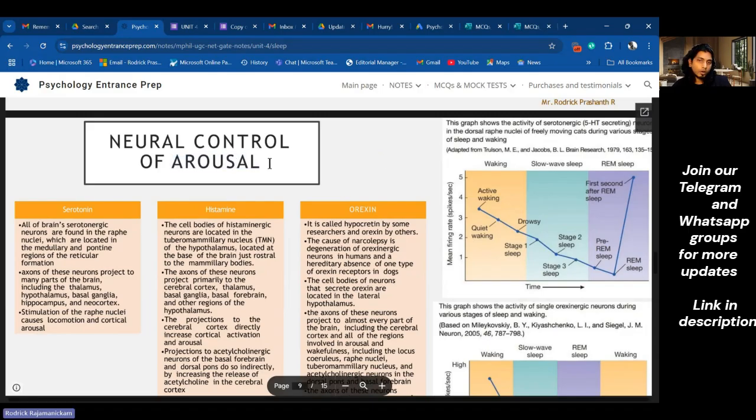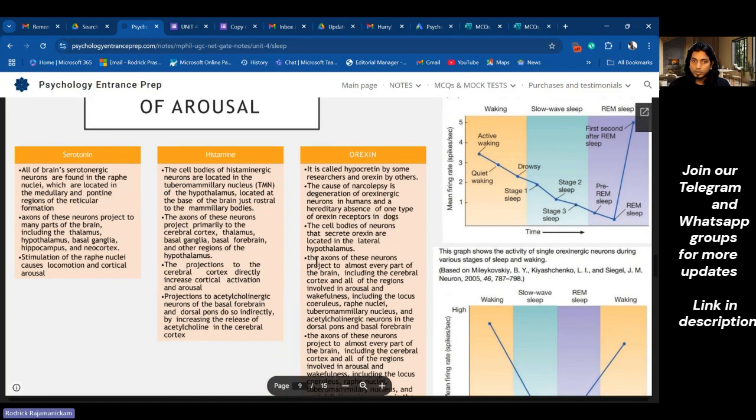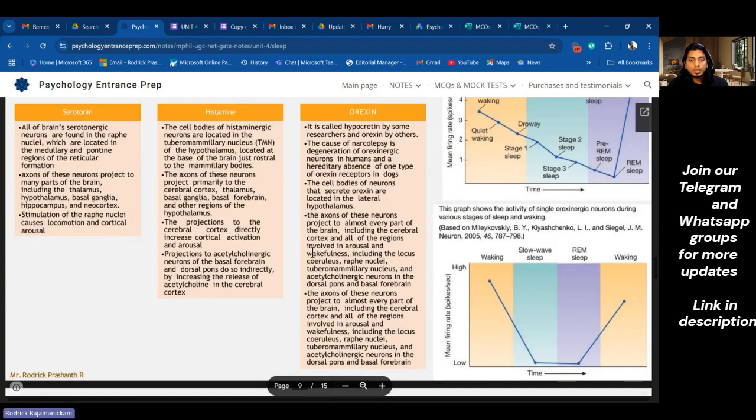So lack of orexins leads to falling asleep. If there is a high amount of orexin, you're going to be aroused and awake. So when the neurons which produce orexin are degenerated, it leads to sudden sleep attacks, which is characteristic of narcolepsy. This is one thing you'll have to keep in mind.